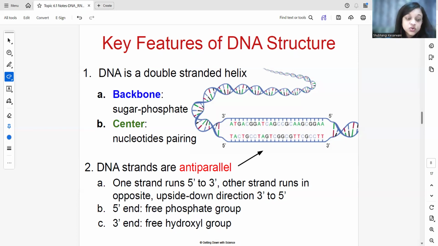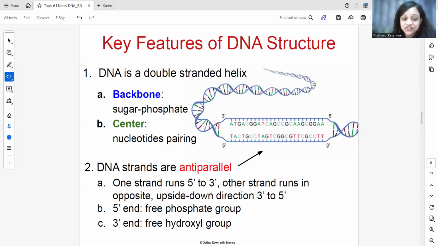No. So hydrogen bonds are weak. They are not that strong. We are talking about hydrogen bonds here. So hydrogen bonds are weak, they are easy to break, so that DNA can unzip during the process of replication. The replication process, we will discuss in the upcoming classes.